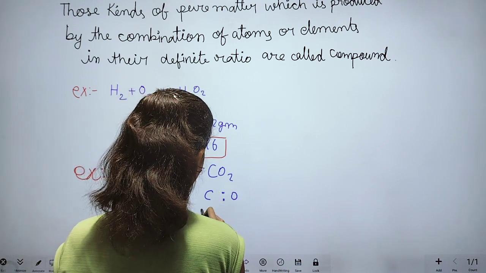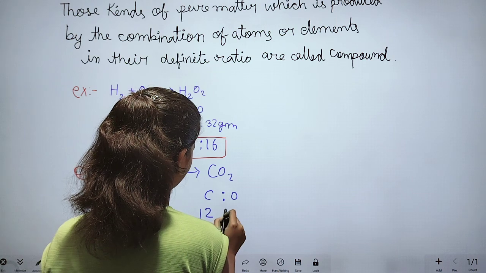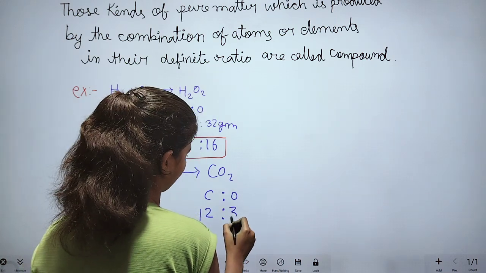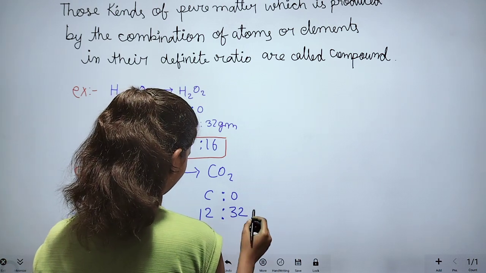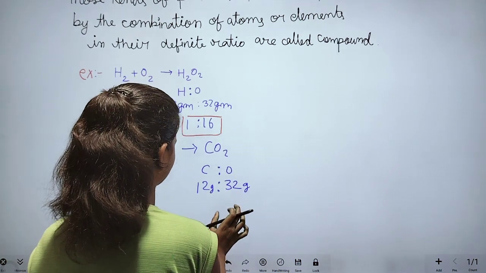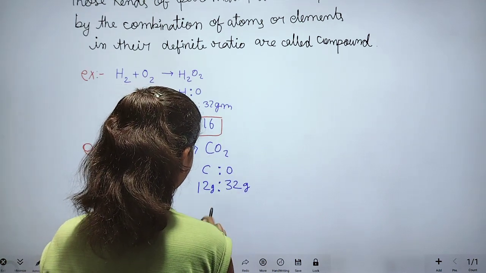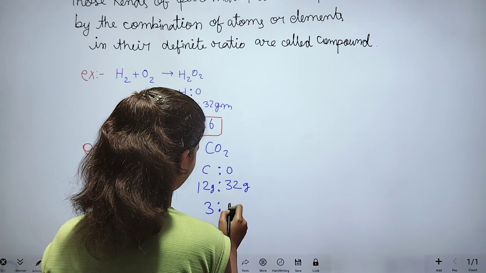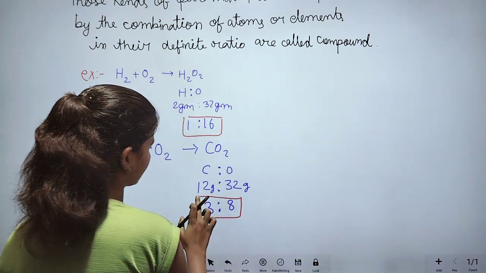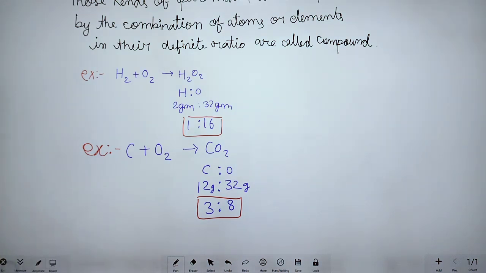Carbon is 12, oxygen 32 gram. That is 3:8. This one is the ratio of carbon dioxide. So I hope you understand both examples.